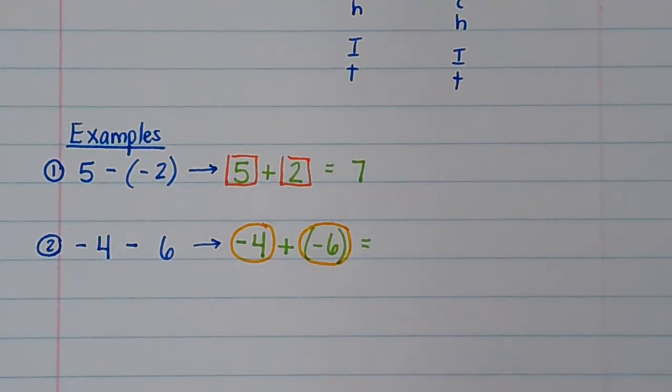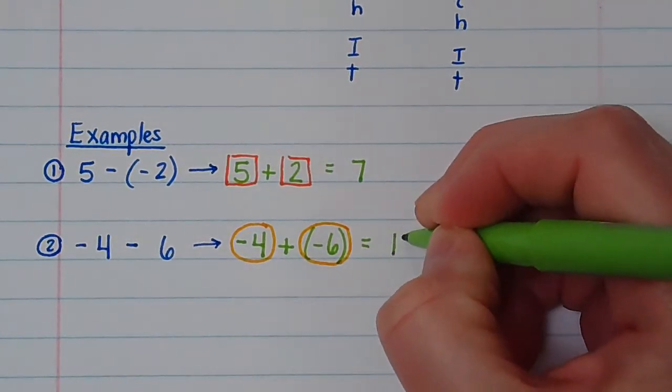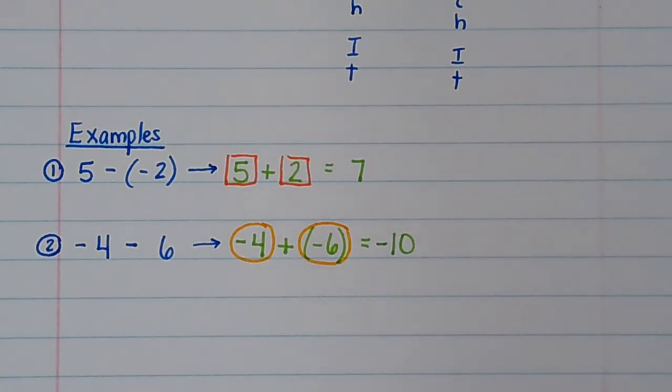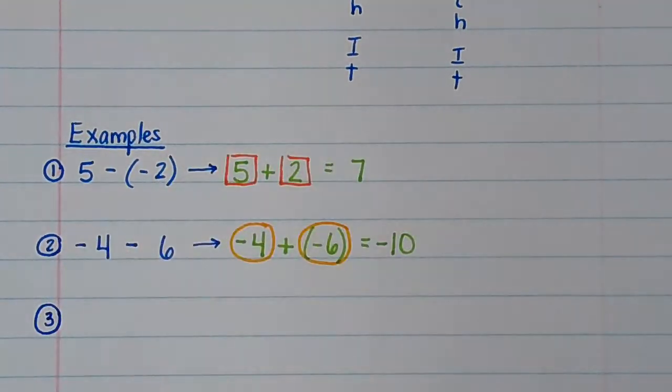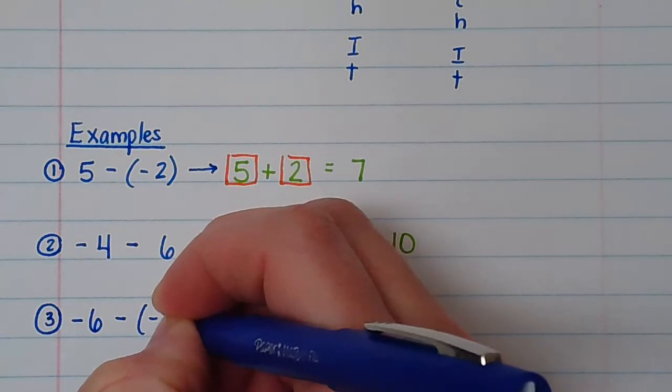So when it's the same, you just add them and keep that same sign. So 4 plus 6 is 10. Since both of those are negative, the answer's got to be -10. So every single time you see a subtraction sign, we are just changing it to addition so that I can use my row the boat song. All right, next one, -6 minus -3.